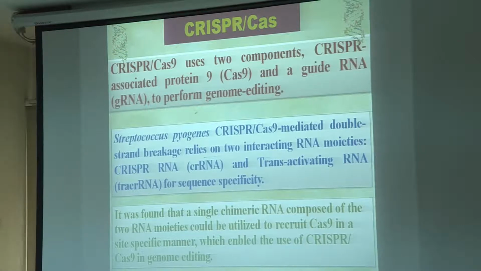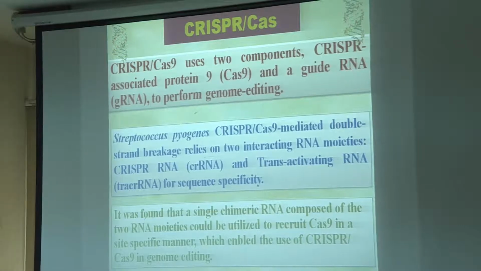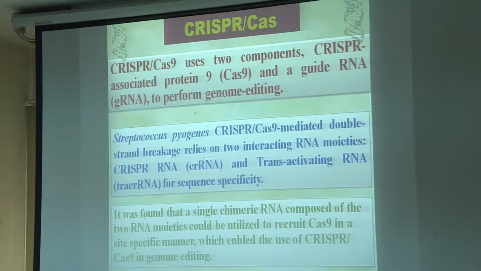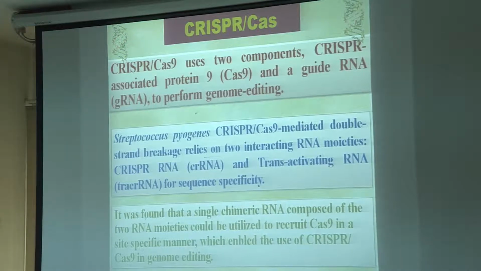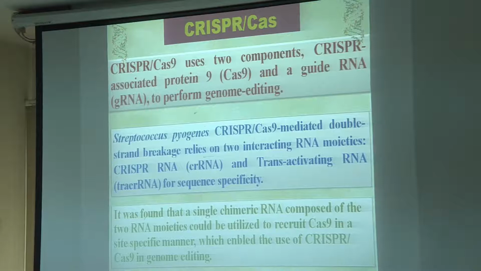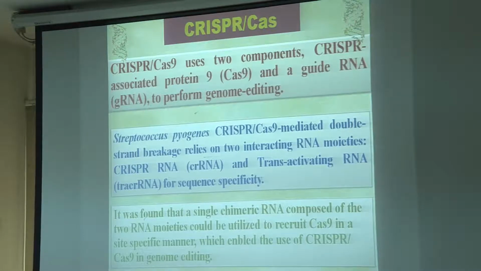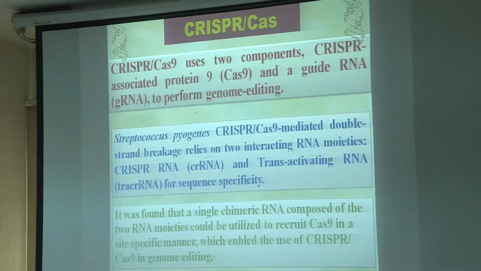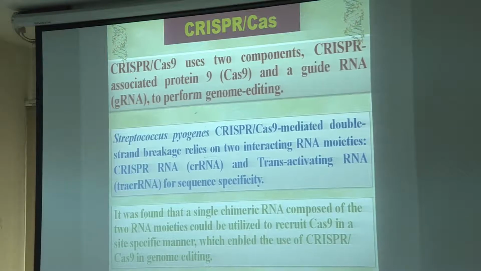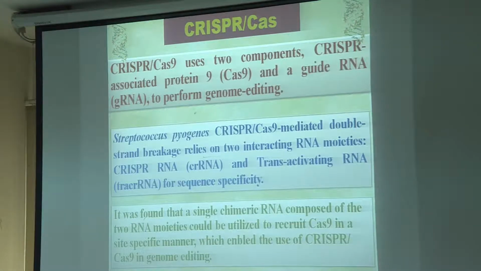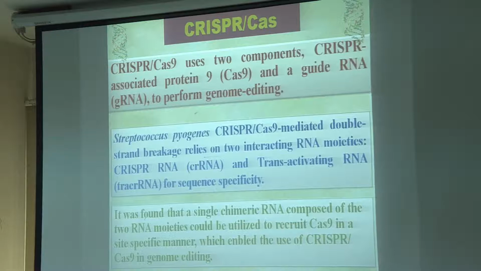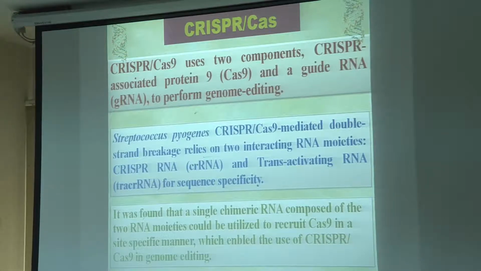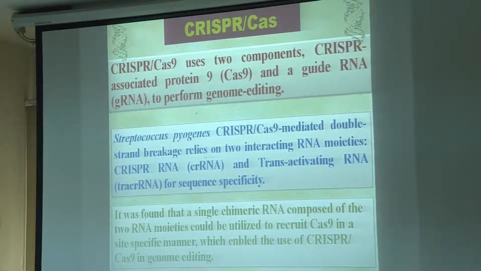And later, while doing research work, people found that if we make a hybrid of both RNAs into a single RNA, that will also work. So, instead of handling two RNAs, if you deal with only one RNA, that will be a little bit easier, and this CRISPR-Cas is the easiest of the four systems we have discussed earlier.